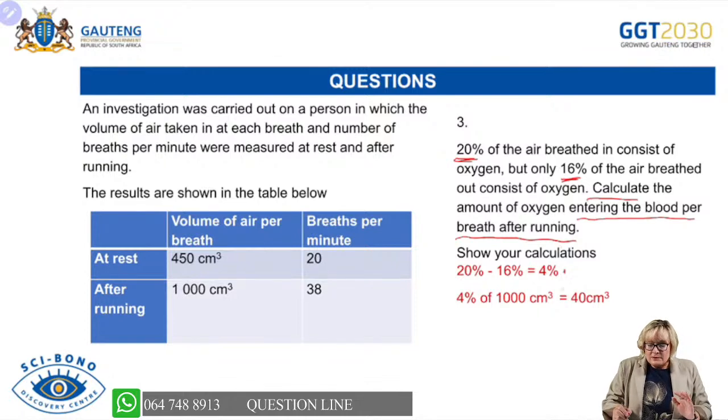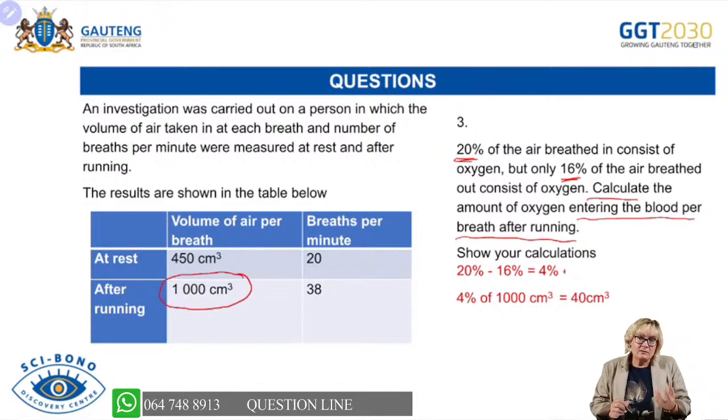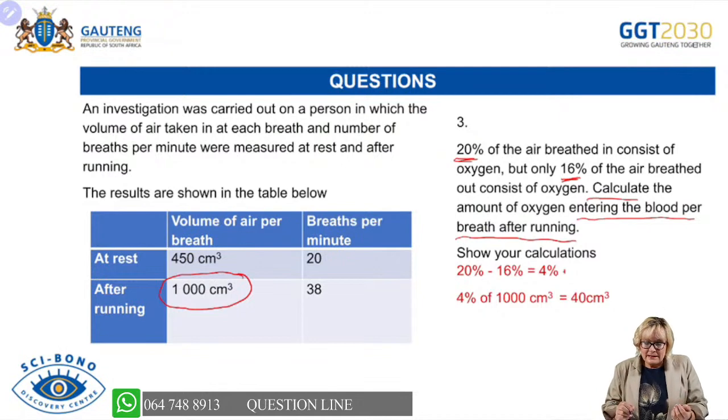But now they want to know, if we look at the air that you are taking in after running, how much of that air are you actually taking out of the air that you are inhaling? So it's 4% of that 1,000, and then we get 40. But I know you're going to say, how on earth do you get to that answer?